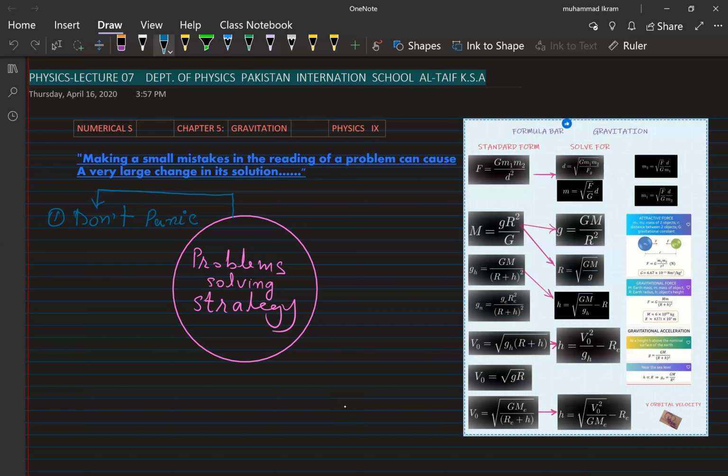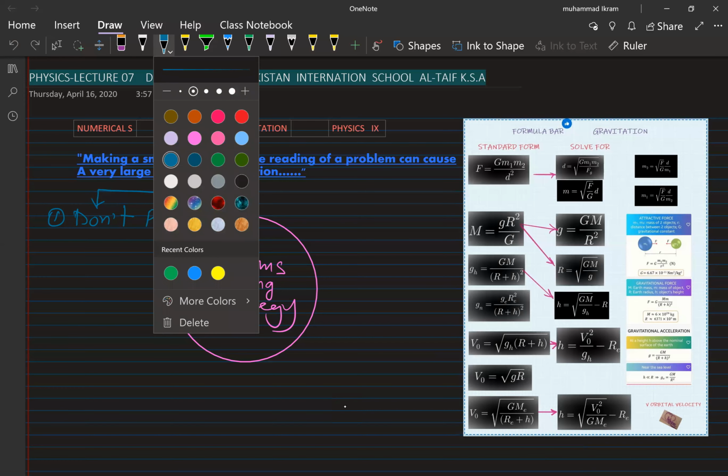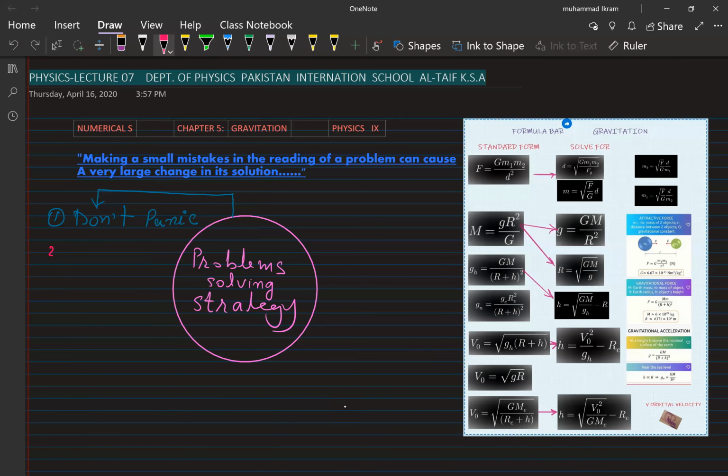The second important point, number two, is to read carefully. That is our second point.